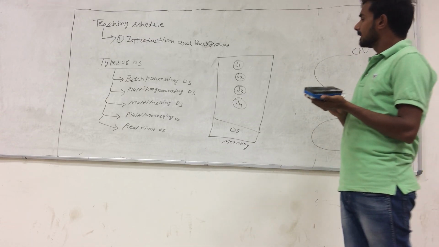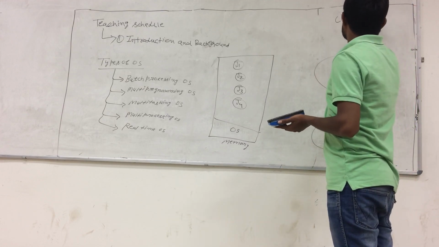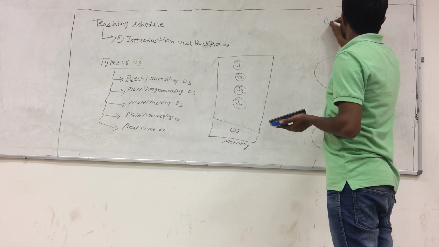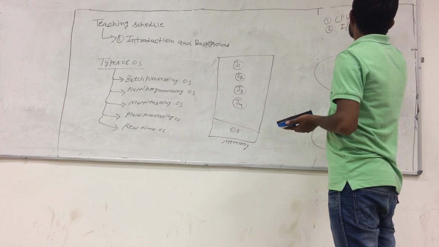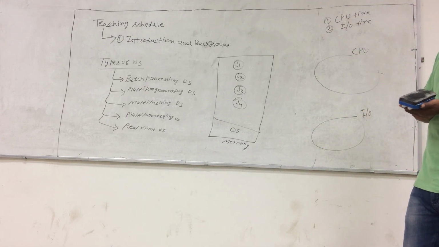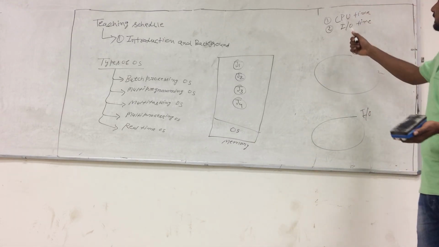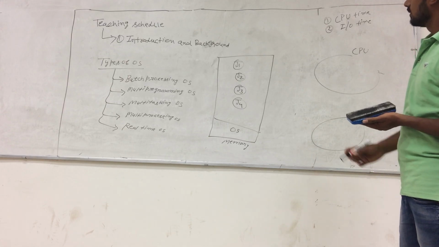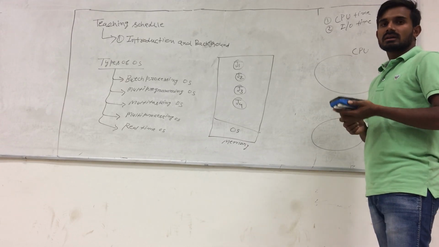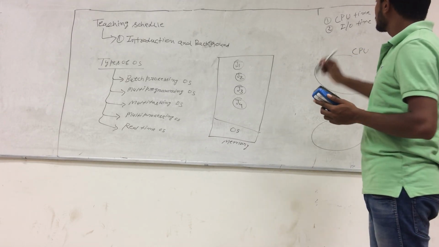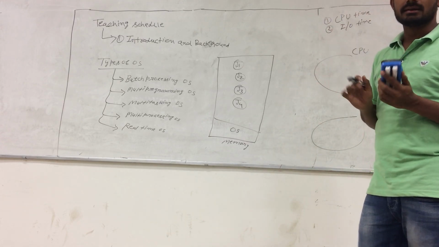What does that mean? There are two times: one is CPU time and second one is input-output time. Any job may be in CPU or maybe in IO. So in batch processing operating system, the job is completed completely, meaning it performs both operations, and after that the job is completed.